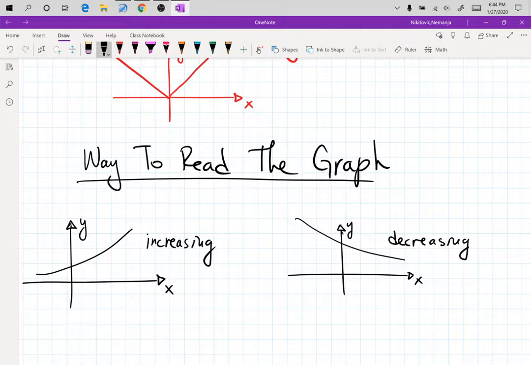We know that the y-axis is the one that has 1, 2, 3, 4 going up. So you can see that these values 1, 2, 3, 4, 5, 6 on y are rising as x goes, because here is 2, and then over here is a 3, and over here is 4, and over here is 5.